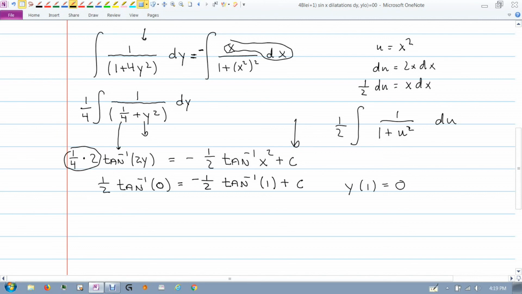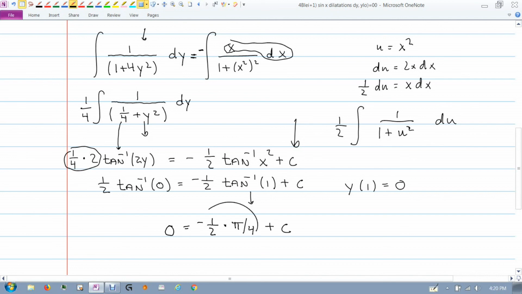Alright, so arctangent of 0 is saying, tangent of what angle theta equals 0. And that is going to be the angle 0. So this just gives us 0. So the whole left side is 0. And then this right here is saying, tangent of what angle equals 1. And that happens at pi over 4. So we should be getting here 0 equals negative 1/2 times pi over 4, and that's plus c.